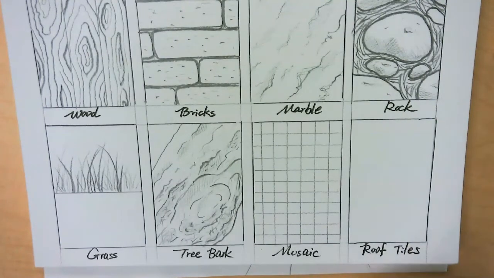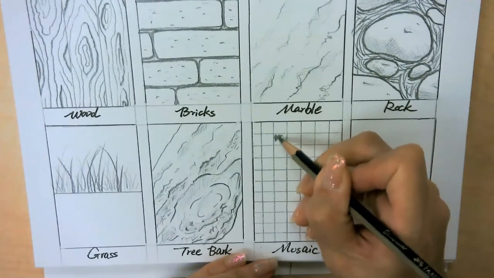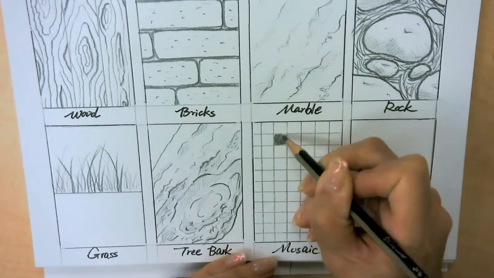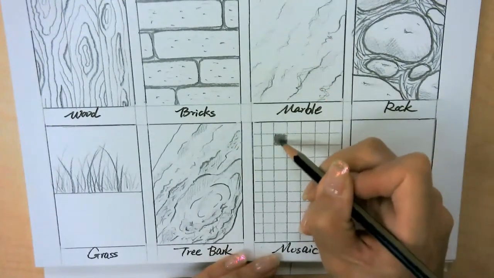Once you're done, you can see there are all the squares, and we'll fill in inside each of the squares as the mosaic with different textures.